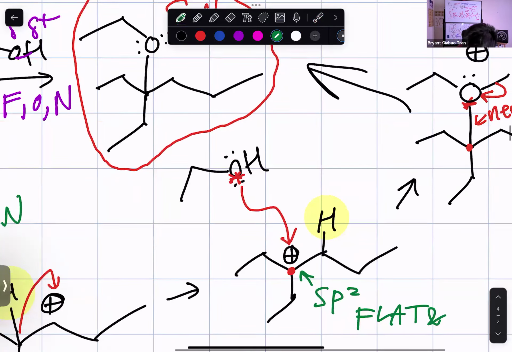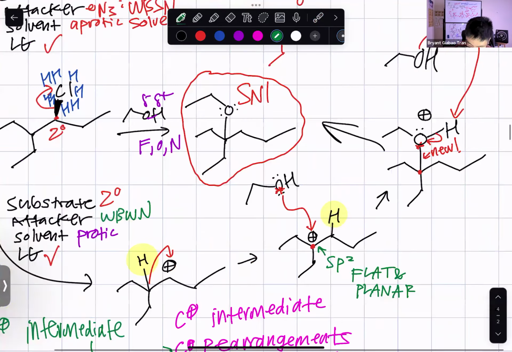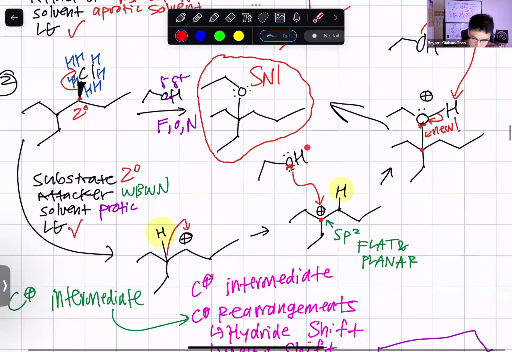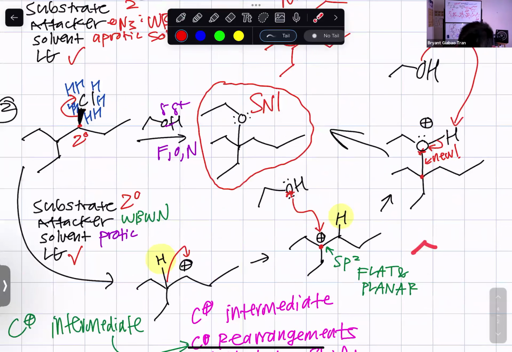That's the geometric shape of that carbon. Because it is flat and planar, when this nucleophile comes in to attack, it could attack on either side. It could attack the top side, giving you a wedge product, or it could attack on the bottom side, giving you a dash product. So you could have written that as the answer, or you could have written this as the answer.